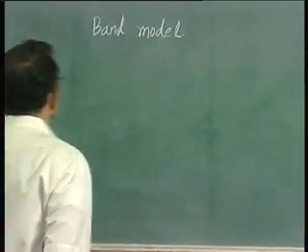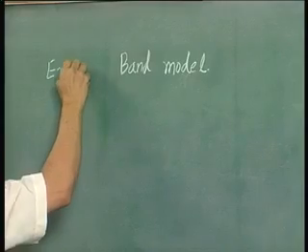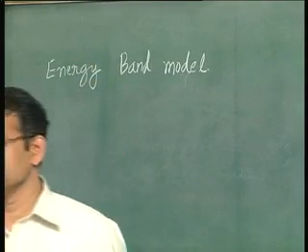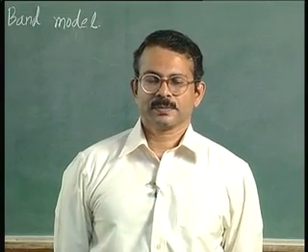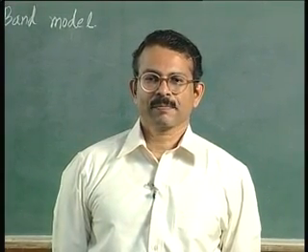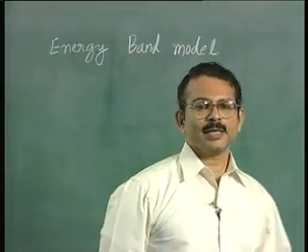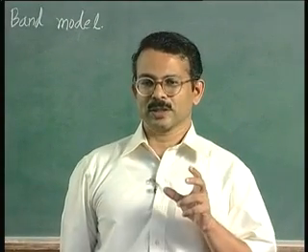Actually the band model means the energy band model. Many times the word energy is dropped. The energy band model tries to analyze the electron population in terms of the energies possessed by electrons.